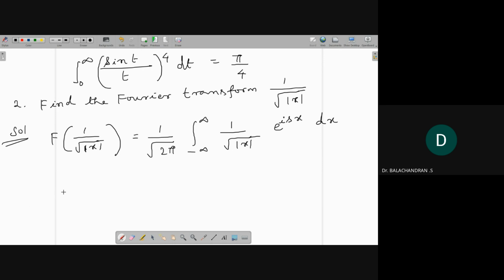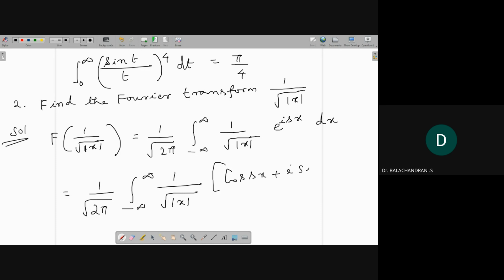So which is equal to 1 by root 2 pi, minus infinity to plus infinity 1 by root mod x. So e power isx we can write as cos sx plus i sin sx into dx.